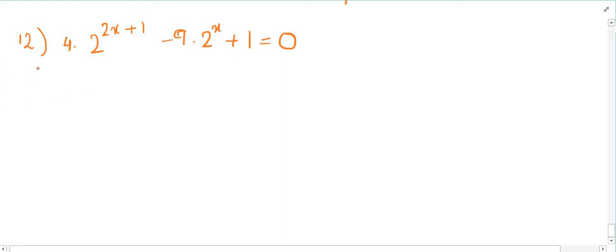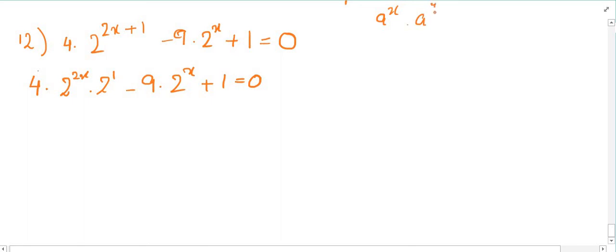First, as an example, first separate this: 4 times 2 to the 2x minus 9 times 2 to the x plus 1 equals 0. Same formula: when bases are same, exponents are added. I use this formula here.